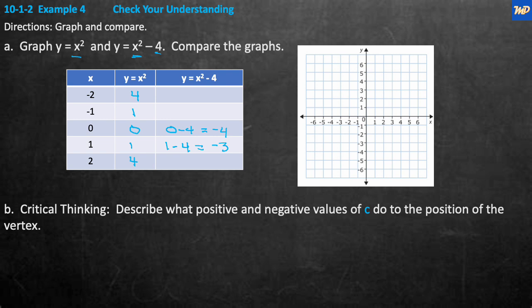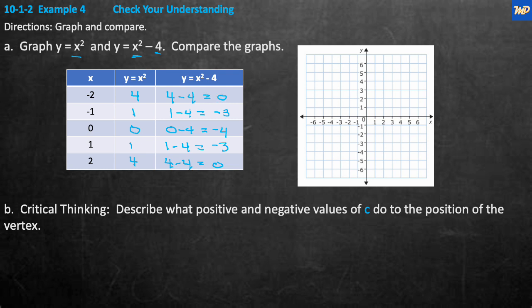When x is 2, y is 4, and 4 minus 4 is 0. Going the other way, when x is negative 1, y is 1 minus 4, negative 3. And finally, when x is negative 2, y is 4 minus 4 equals 0.